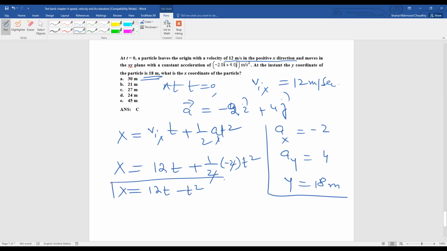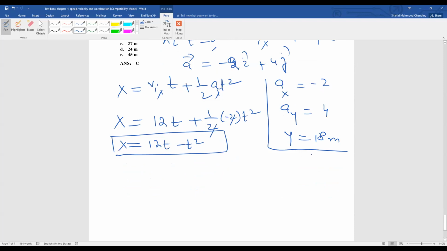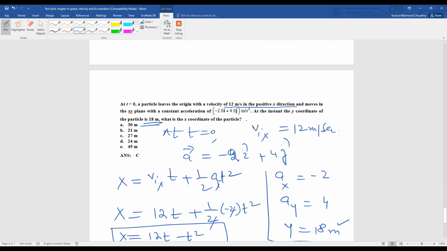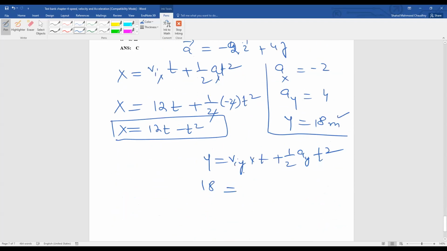This is x. So to find the t value, we apply the equation in terms of y. So y is equal to Viy into t plus 1 over 2 ay into t square. So this is 18. Viy is 0 because it is only in the positive x direction initially. So this is 0 plus 1 over 2 into ay.